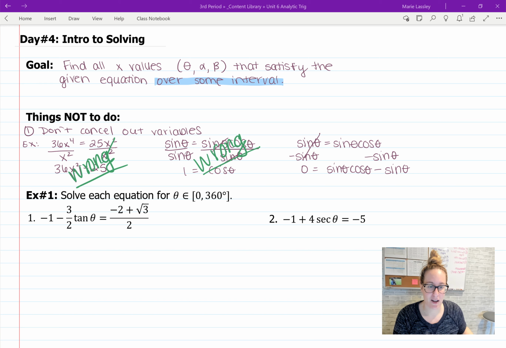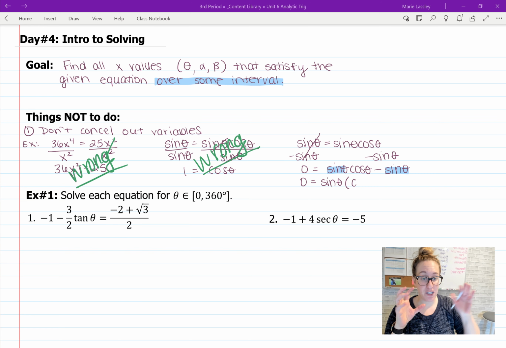Both terms have sine, so I can rewrite this as 0 equals sine theta, parentheses, cosine theta minus 1. Now for solving, we take each piece, just like we normally would, set them equal to 0, and solve for theta. That's the technique we want to use.